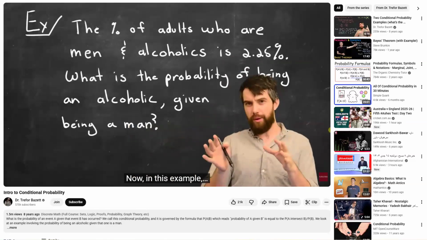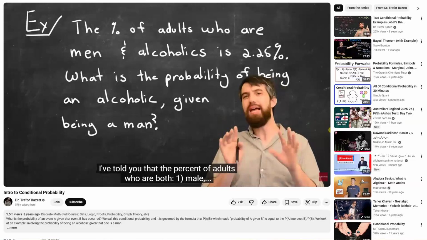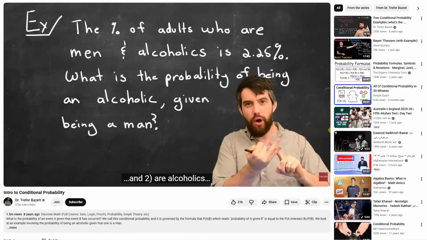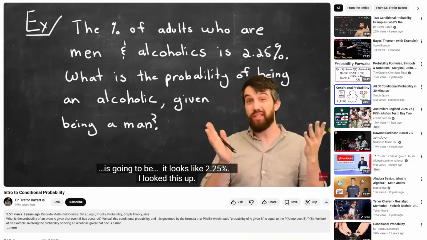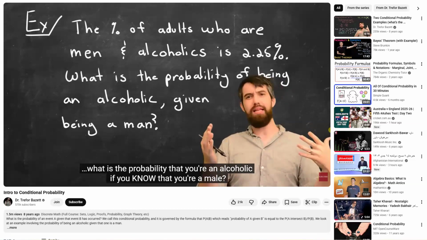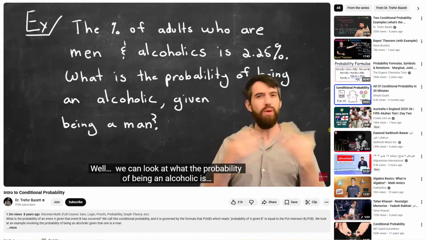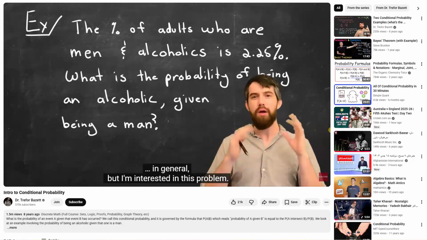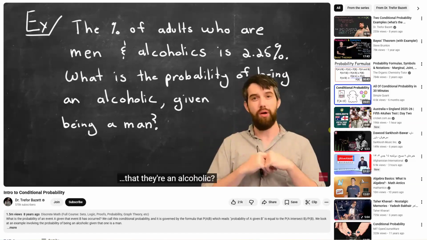Now in this example, I've given you an intersection. I've told you that the percent of adults who are both male and alcoholics is going to be, it looks like, 2.25%. I had to look this up. And then the question is, what is the probability that you're an alcoholic if you know that you're a male? We can look at the probability of being an alcoholic in general, but I'm interested in this problem where you know that your patient is a male: what is the probability that they're an alcoholic?